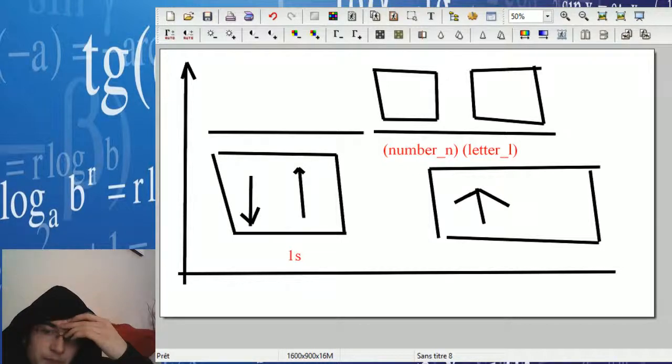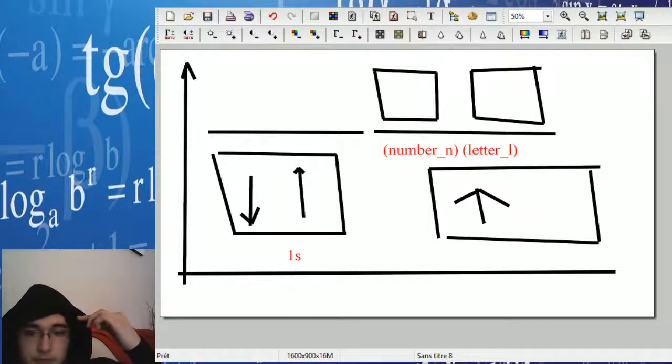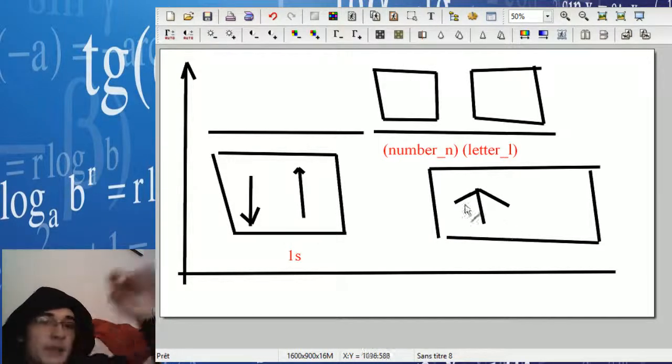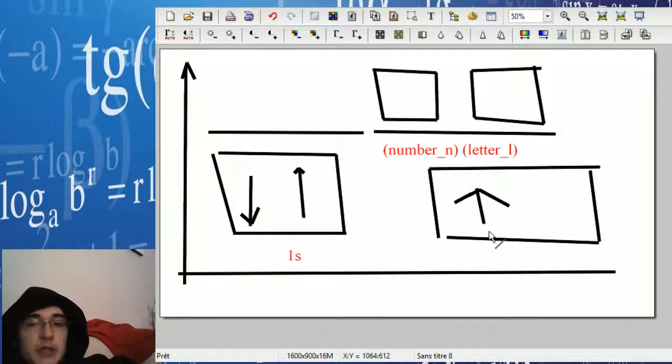So the rule of Hund will tell that if there is this in the structure, this will be the highest level of energy in the whole atom.